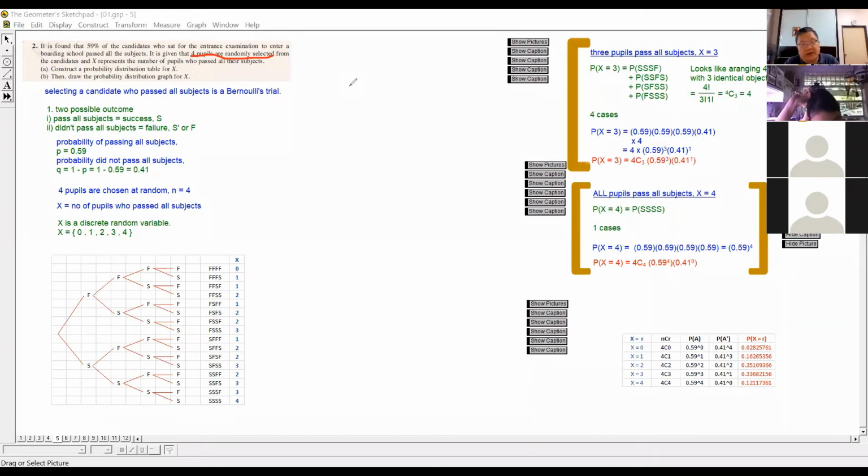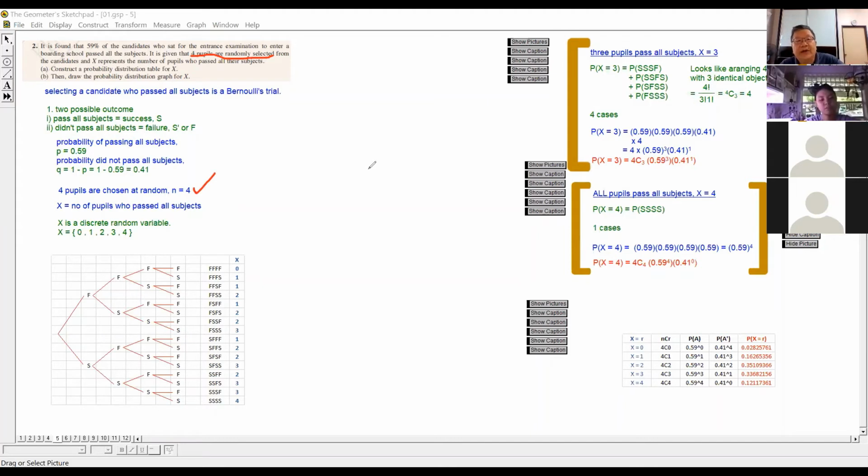X is equal to how much after looking at 4 students? So you must know the discrete random variable. The discrete random variable is from 0 to 4 because 4 pupils are selected. So the n is equal to 4.